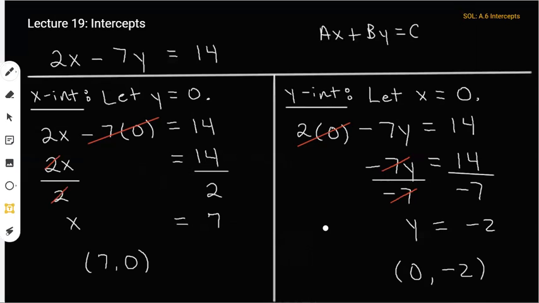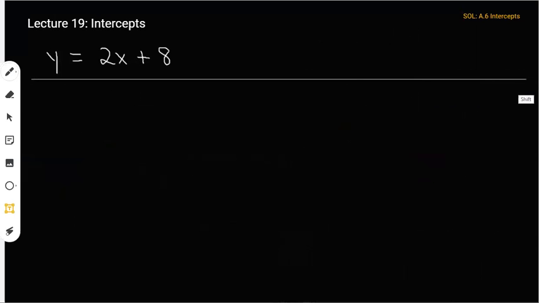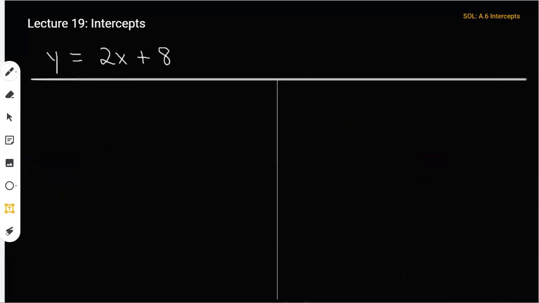Okay. The last one we're going to do together is this one right here. y equals 2x plus 8. So this line is in the form y equals mx plus b.